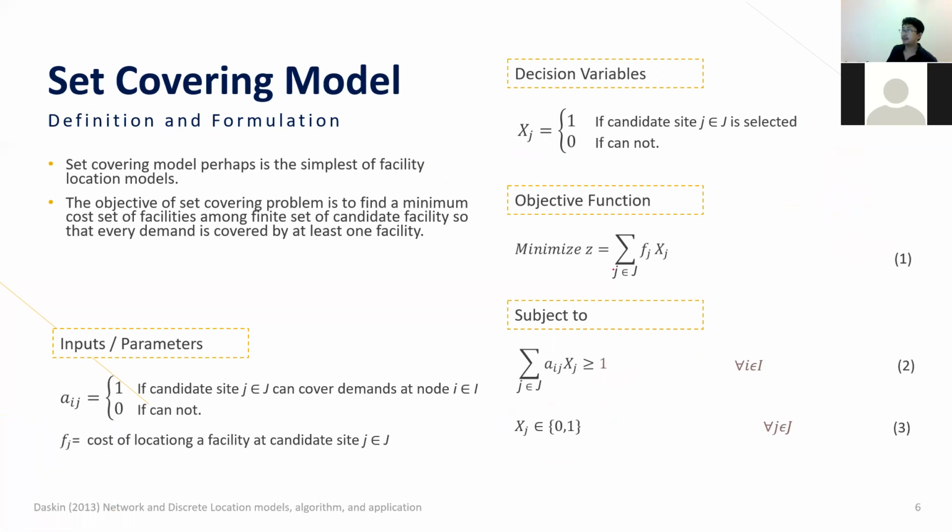Okay, I will go into a little bit of detail in the first model, but for the second, the third, and the following models, because we will reuse some of the constraints, I will not explain them again in detail. Okay, so for the first one, I try to give you all the detail and the basic understanding, so you will not miss any point about the constraints, objective function, decision variables, and input parameters.